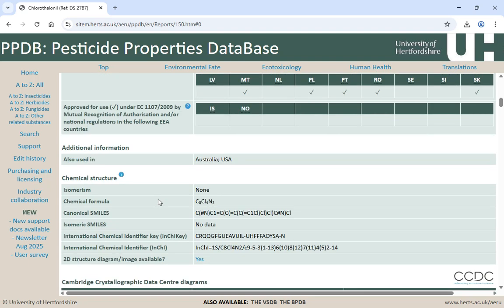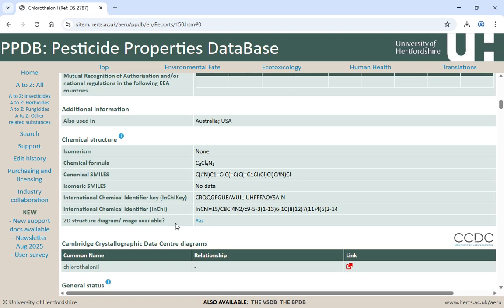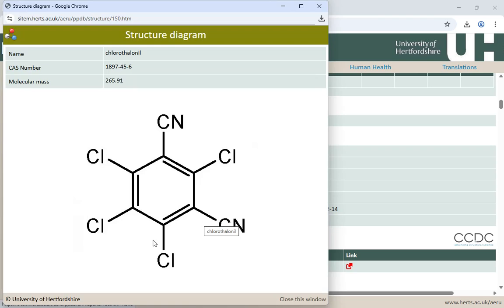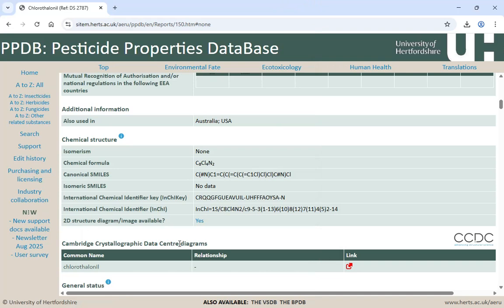Then we get into things like chemical structure. We have a 2D diagram available which we maintain ourselves, so we can click on that and it brings up a page with its CAS number, molecular mass and so forth. And we've also got, in some instances, links to the Cambridge Crystallographic Data Centre 3D diagrams.